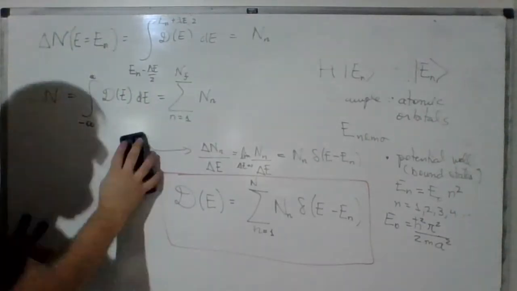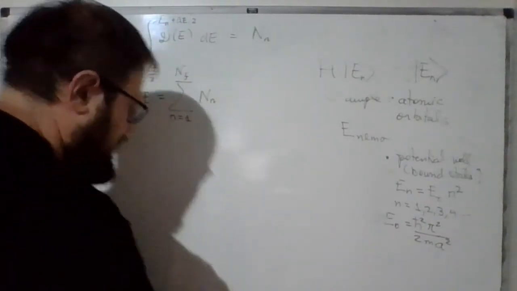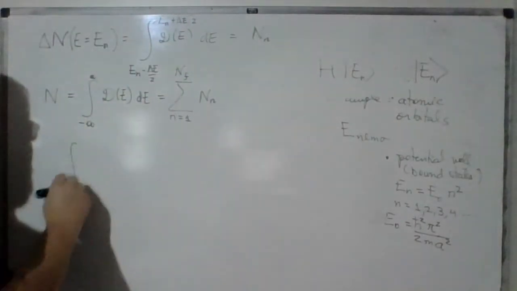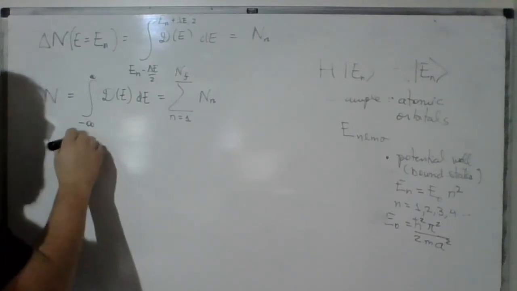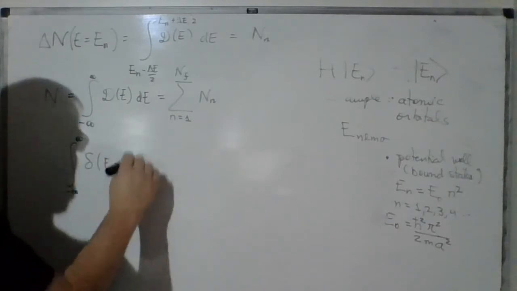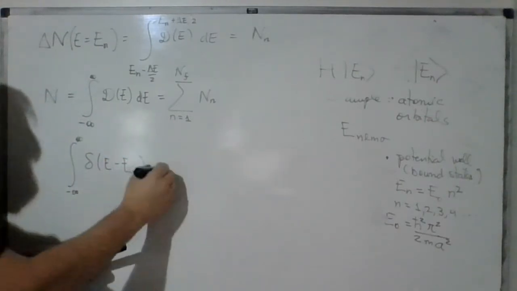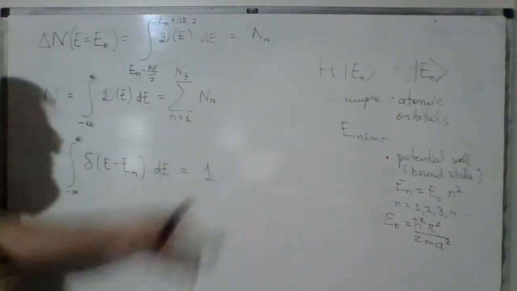Right? Just remember that the Dirac delta, when you integrate it from minus infinity to infinity in a given variable, in this case energy, produces 1. Okay?